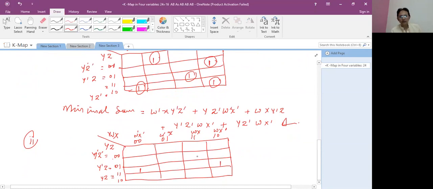The next is W, Y and Z complemented, but X not. So we will consider this one.